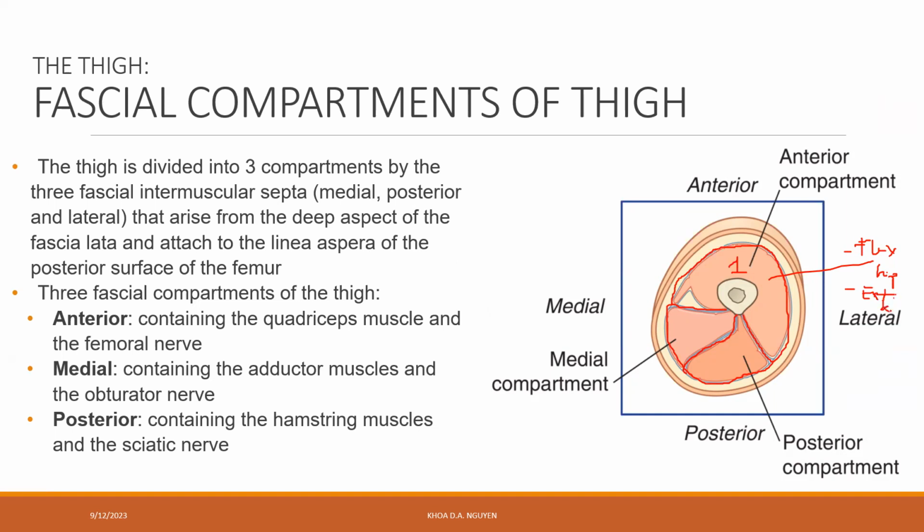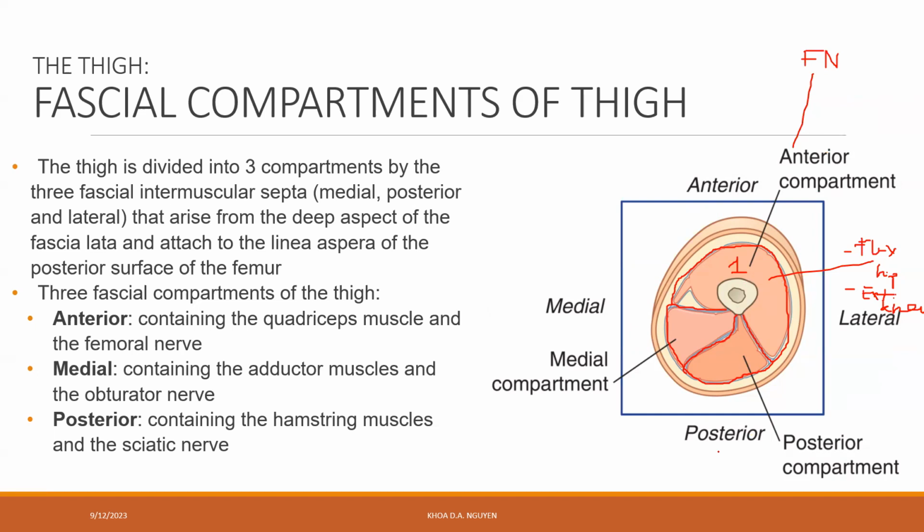So it flexes the hip and extends the knee. Which one does which, we will know when we talk about them in the anterior thigh coming up shortly. And one more thing: the anterior compartment is all supplied by one nerve, the femoral nerve. The femoral nerve is the main nerve that supplies all of the muscles in the anterior compartment. Very important stuff that you have to understand.